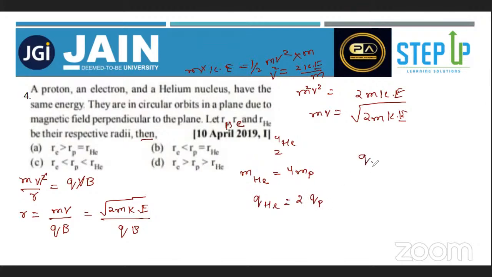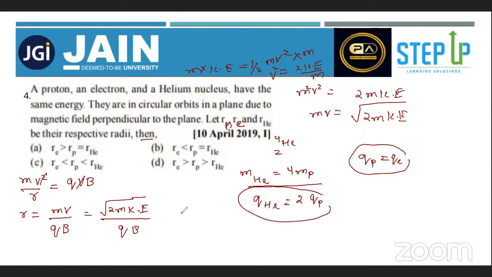Normally the charge on proton and electron are both the same, 1.6 into 10 raised to the power minus 19. So the mass of helium is 4 times the mass of proton, and this is another equation I have.